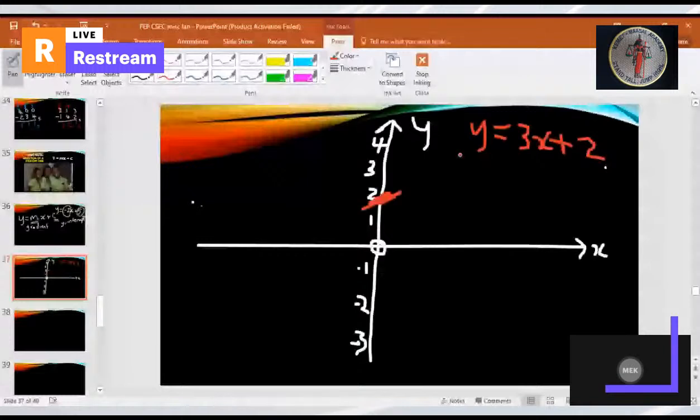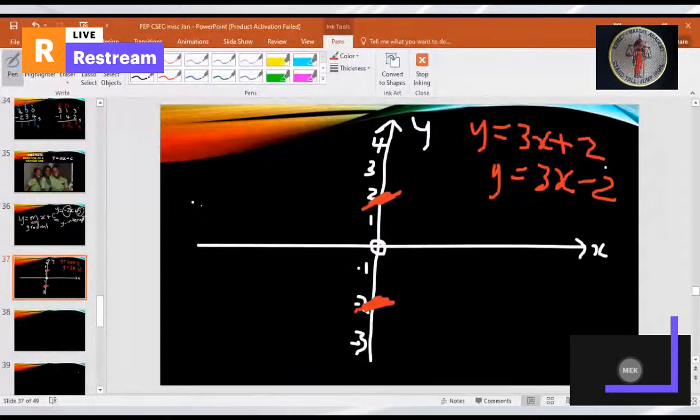And if it was y equals 3x minus 2, it would cut the y-axis at negative 2. So that's what this number at the end tells us. And the 3 is in front of the x, it's the x coefficient. So that tells us the gradient of the line. The gradient of this particular line would be 3.